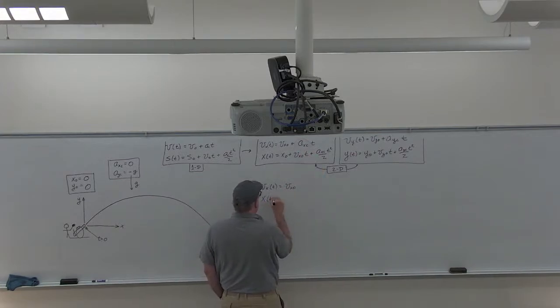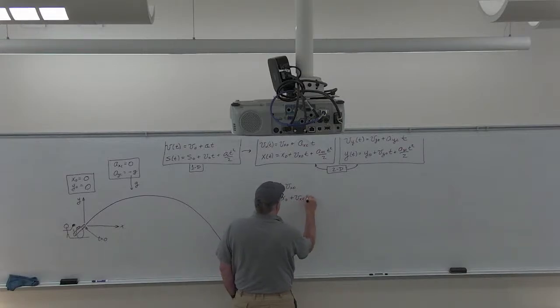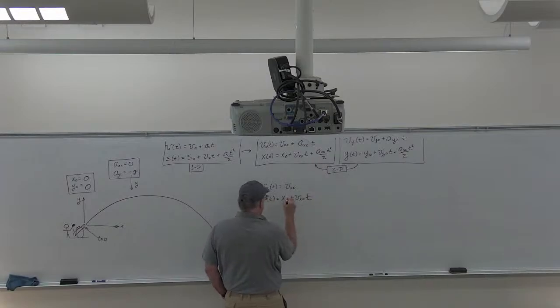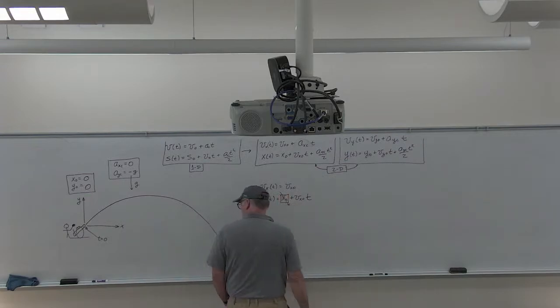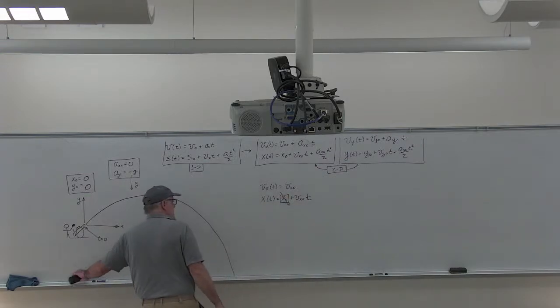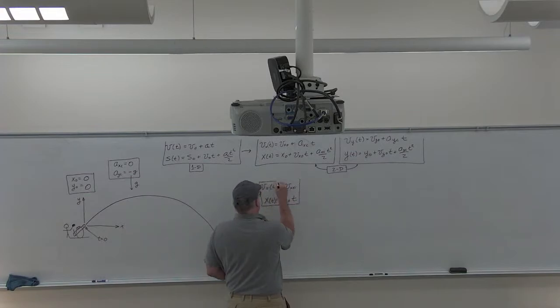X of t is equal to x naught plus Vx naught t, and that's gone, because we put our ruler in a location where that was gone too. So in essence, this is all we've got for the x.